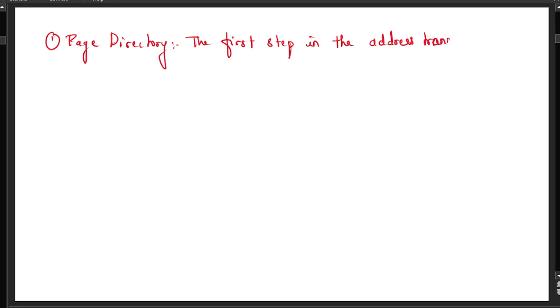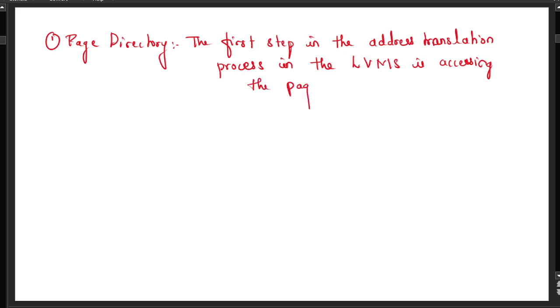Let's write: page directory, the first step in the address translation process in the LVMS is accessing the page directory.